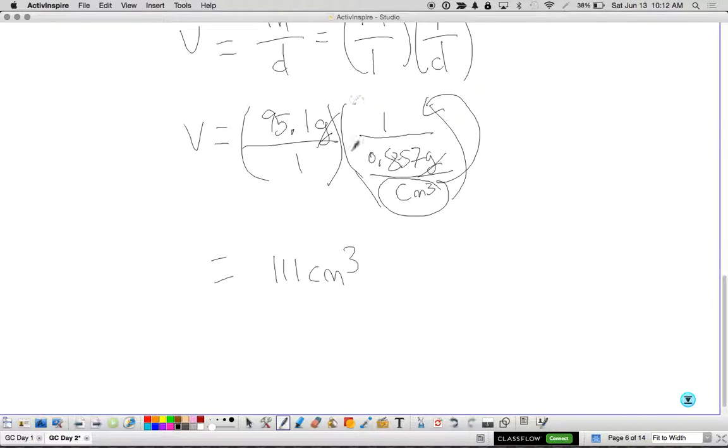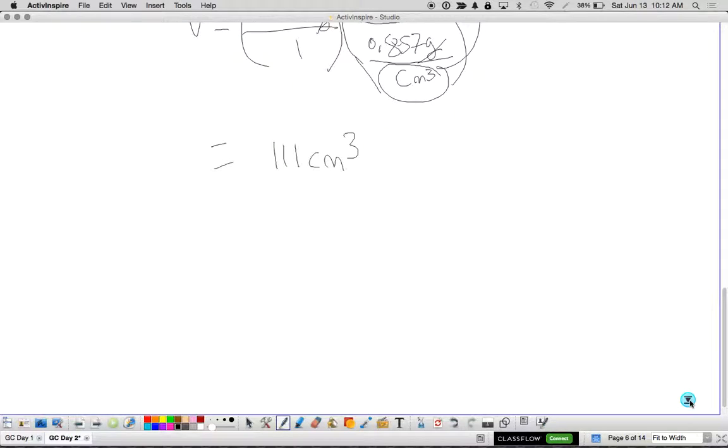If you're good with that step, you can go ahead and stop here. I'm going to show it in a little more gory detail right now. I started with 1 over 0.857 grams over centimeters cubed. I want to simplify that, because I don't like having this 1 up here by itself.